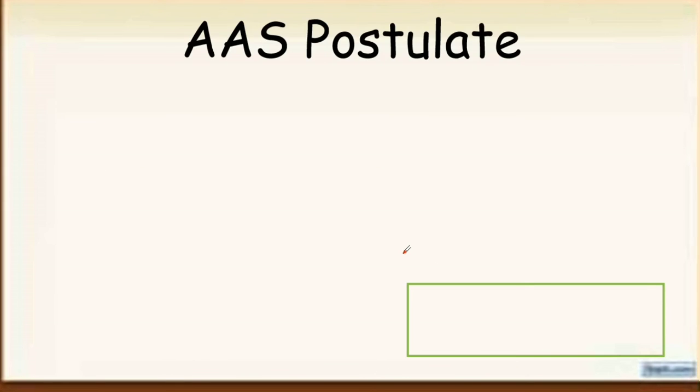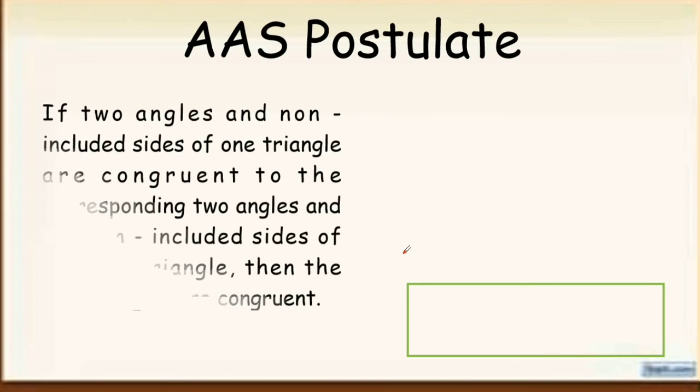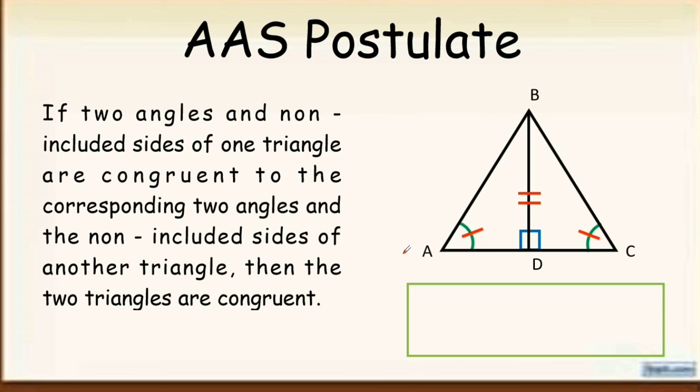Next, AAS postulate. If two angles and non-included sides of one triangle are congruent to the corresponding two angles in the non-included sides of another triangle, then the two triangles are congruent.